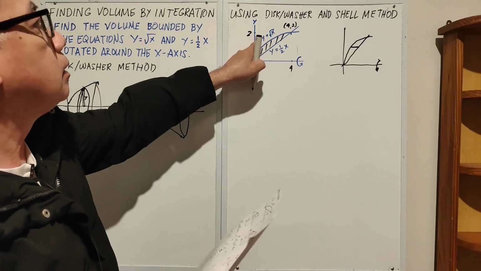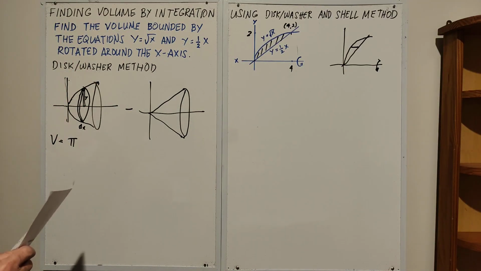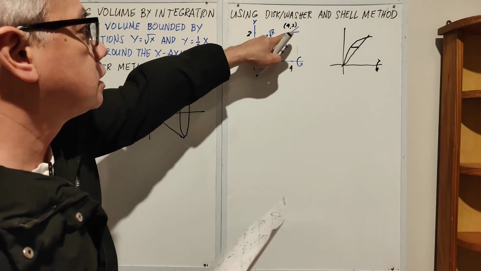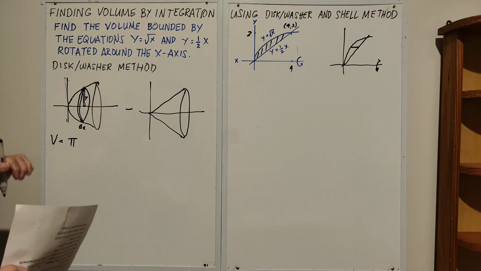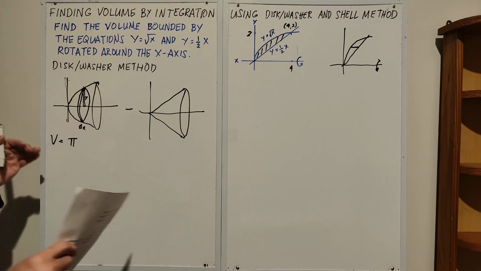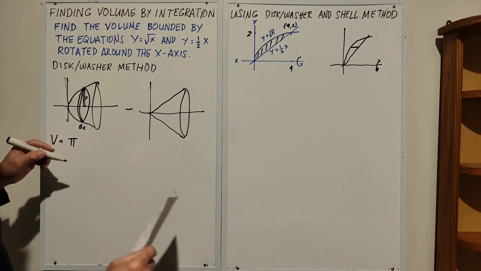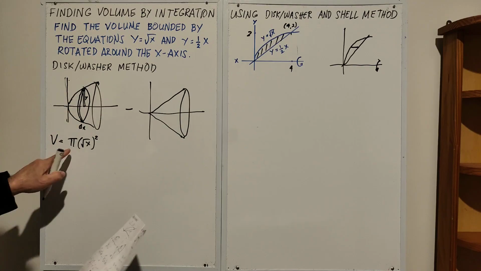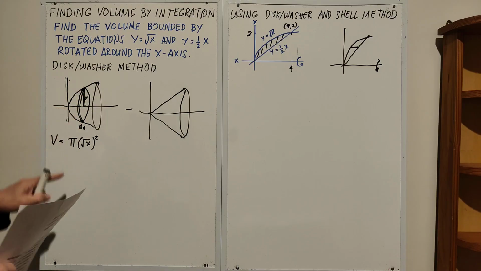The radius is the value of y, which is the square root of x. So the area is pi r squared. Instead of the radius, we substitute the value of y, square root of x, squared. So this is your area of the disc.